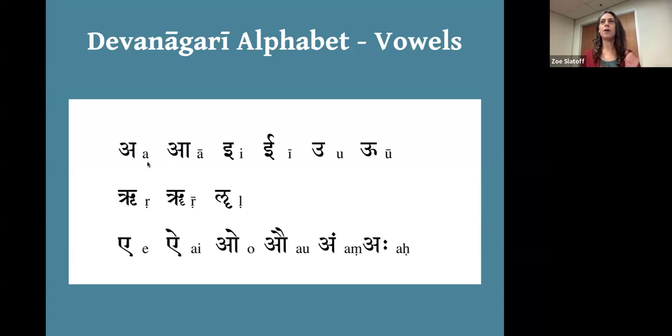So we have here a, which is a short sound, ā, which is a long sound, i, which is a short sound, ī, which is a long sound, u, which is a short sound, ū, which is a long sound, ṛ, which is a short sound, ṝ, which is a long sound, ḷ, which is a short sound, and then we have all these long sounds, e, ai, o, au. And again, this is going to become very important because the long vowels make a heavy syllable, and the short vowels will make a light syllable.